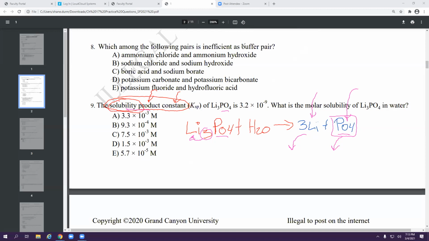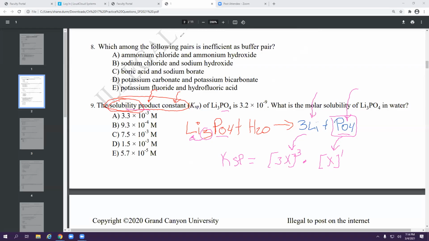Every single product is going to have its own solubility product, which is going to be considered an X variable. Lithium has a 3, and it's to the 3rd power because we're dealing with a K value, right? PO4 is just a normal X value to the 1st power. These guys are multiplied together. So Ksp is equal to 3x cubed times x to the 1st power.